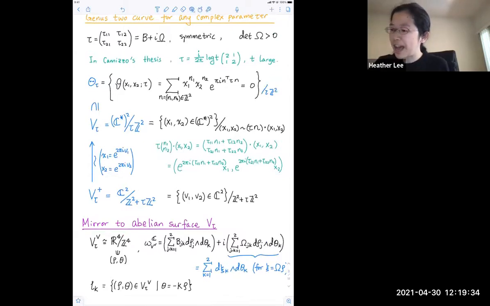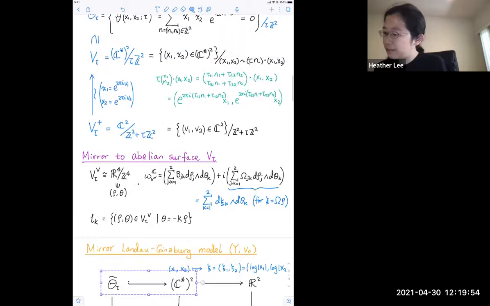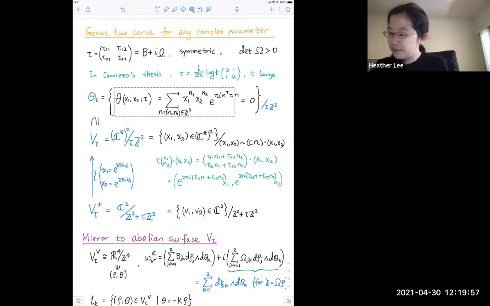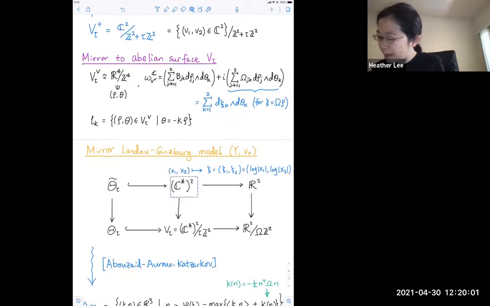This would be a hypersurface in (C*)^2, and then it's quotiented, but the pre-image under this quotient, we call it theta delta. So under this pre-image, we have a hypersurface in (C*)^2 defined by this Riemann theta function. And (C*)^2 maps to R^2 by this log map.